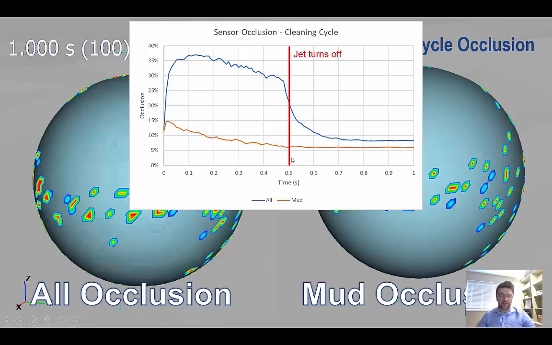If that does affect the sensor's ability to see, and the clear water is actually occluding the lens itself, we want to bring this time as short as possible. So the goal of this optimization is to reduce the fluid usage so that we're not having to refill the washer tank as much, but also the time that the cleaning cycle takes, so that we're not having a car that is blind for a whole second while the cleaning is taking place.